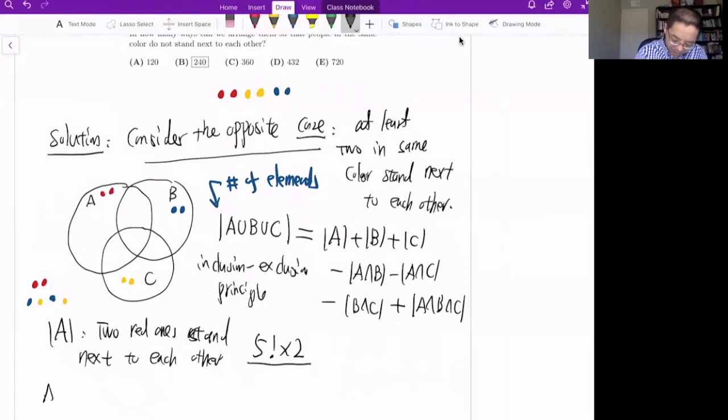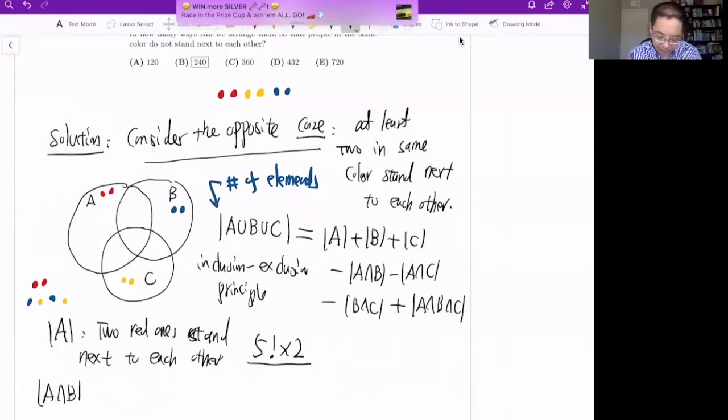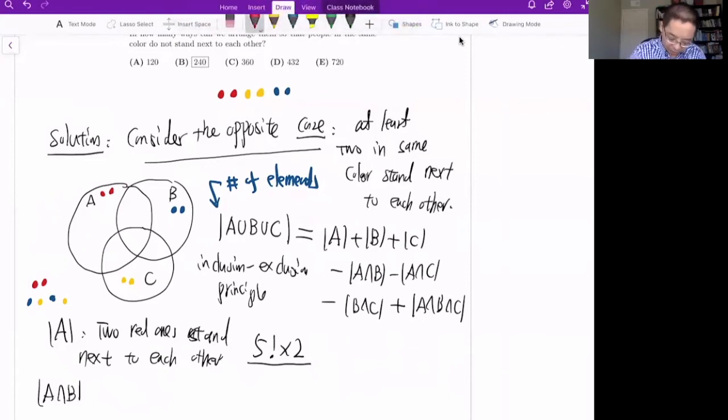Now let's calculate what is A intersect B. Intersect B means 2 red and 2 blue, they are all next to each other. 2 red, 2 blue next to each other, and yellow doesn't matter, okay? So for this case, that means we can consider this as basically 1, 2, and 4 person, right?